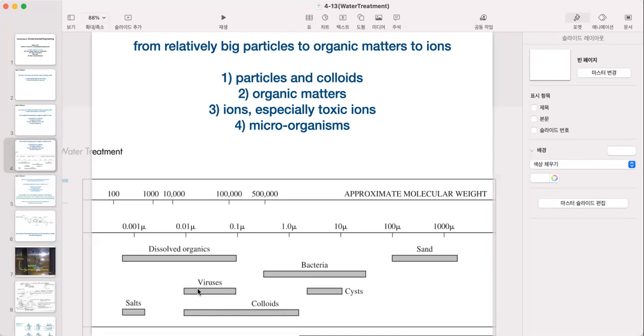So the mask is a membrane with a pore size. If you wear the mask, 80% removal. What is the pore size of the mask?